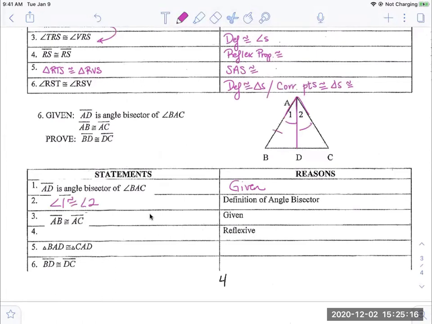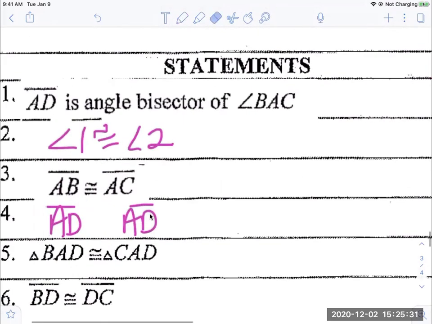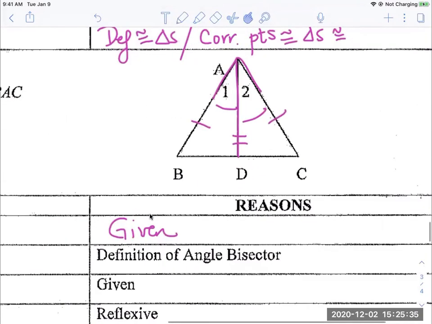AB is congruent to AC, given. Okay, and then reflexive is going to be segment AD is congruent to segment AD. So you make sure you mark that stuff on the picture.